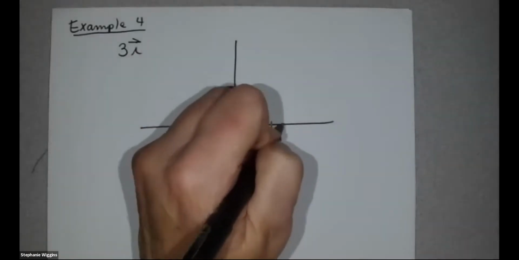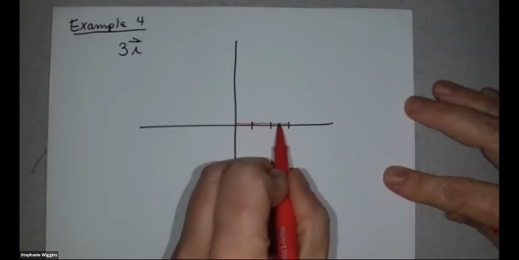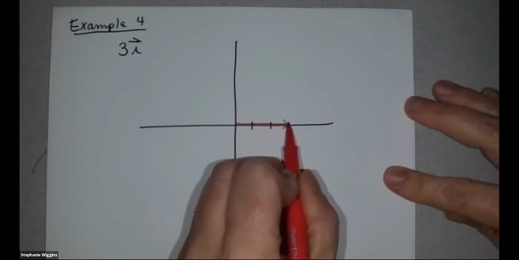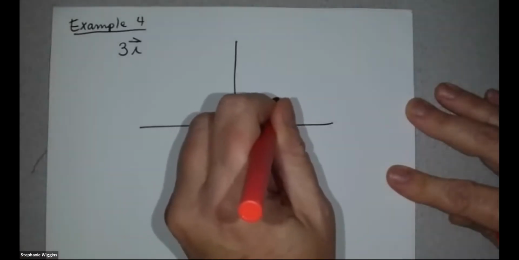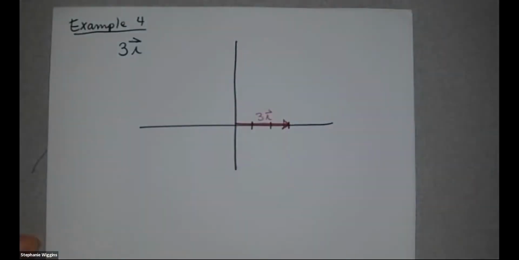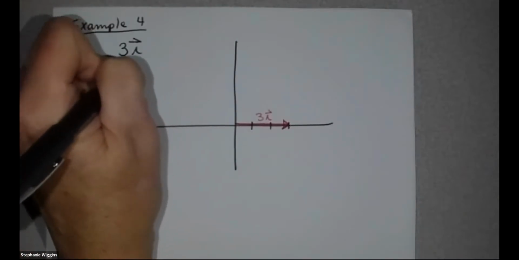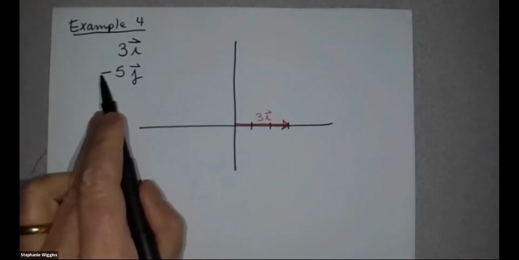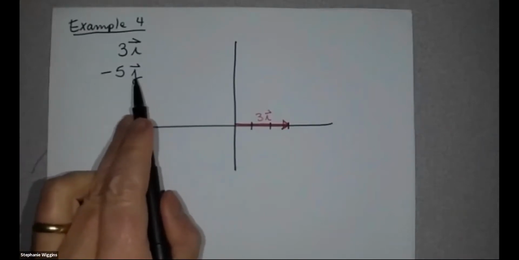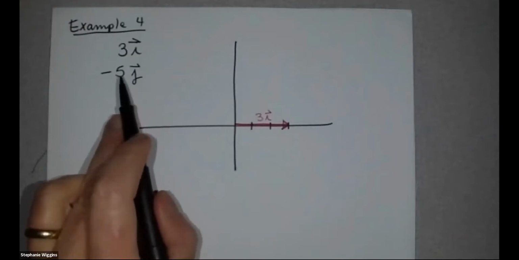So it points in the same direction, but instead of having length 1, it has length 3. So this is 3i. And we might be interested in -5j, okay? Well, the minus sign means it points in the opposite direction of j, and the 5 means instead of having length 1, it has length 5.